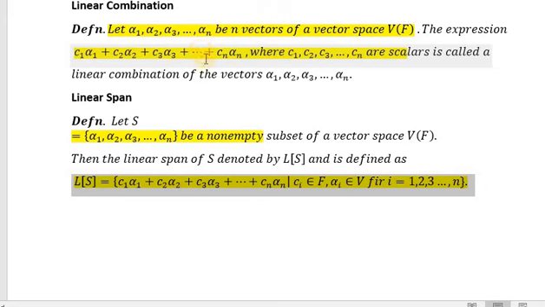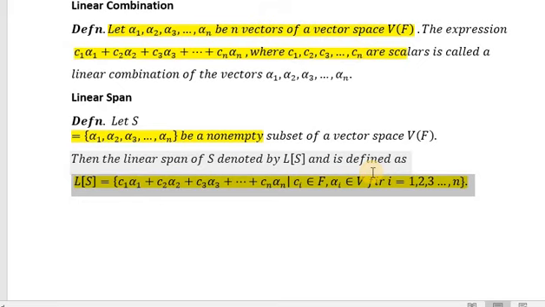Then the set of these linear combinations is known as the linear span, that is, the set S of vectors alpha 1, alpha 2, alpha 3, so on alpha n be a non-empty subset of the vector space V over F. Then the linear span of S, denoted by L of S, is defined as L of S equal to the set of C1 alpha 1 plus C2 alpha 2 plus C3 alpha 3, so on, where Ci belongs to F and alpha i belongs to V for i equal to 1, 2, 3, up to n.